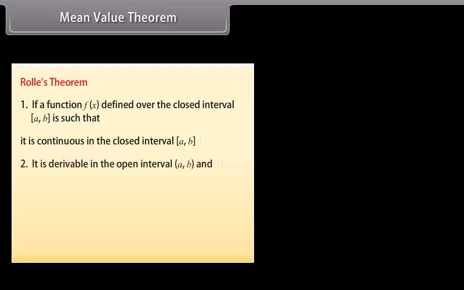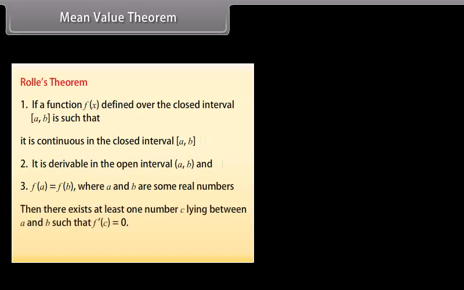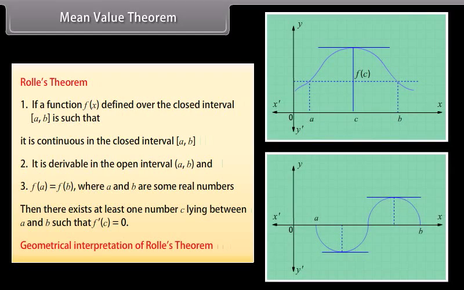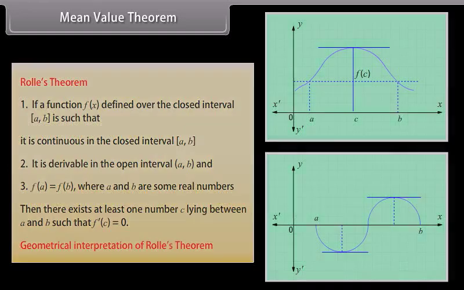It is derivable in the open interval a, b, and 3. f of a is equal to f of b, where a and b are some real numbers. Then there exists at least one number c lying between a and b such that f dash of c is equal to 0. Geometrical interpretation of Rolle's theorem.